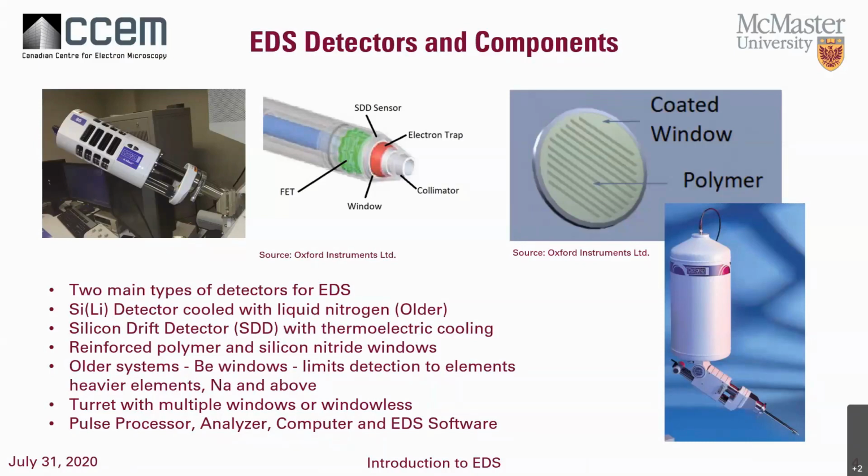For the most part, sensors these days are silicon. There are a few detectors out there that actually are germanium, but I haven't seen anyone that actually has one of those, but they do exist.